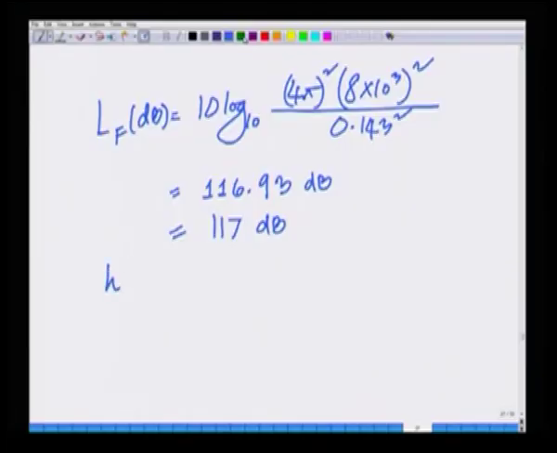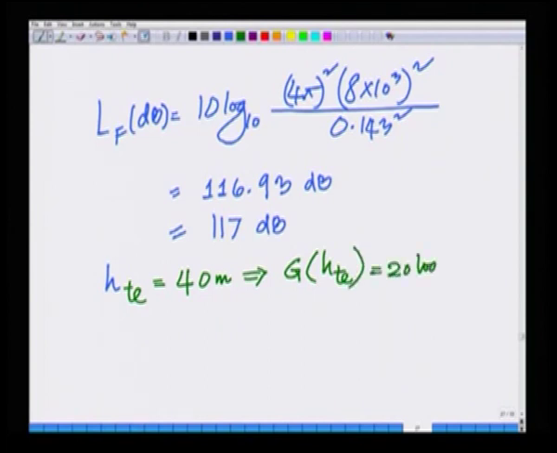We are given that the transmit antenna height HTE equals 40 meters, which implies G of HTE is 20 log 40 divided by 200, which equals minus 14 dB, and of course, we are going to have another factor arising because of the receive antenna height.